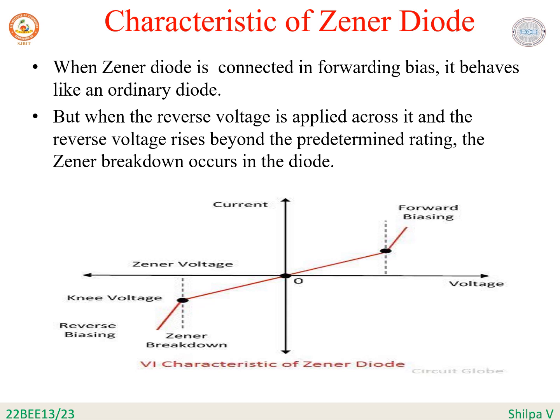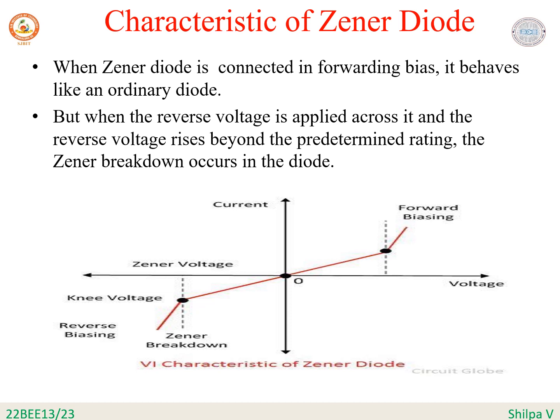After the voltage Vz, even if you increase the voltage, the current may increase, but the voltage across the Zener diode will be maintained at Vz only. The voltage will be constant. That is the property of the Zener diode.